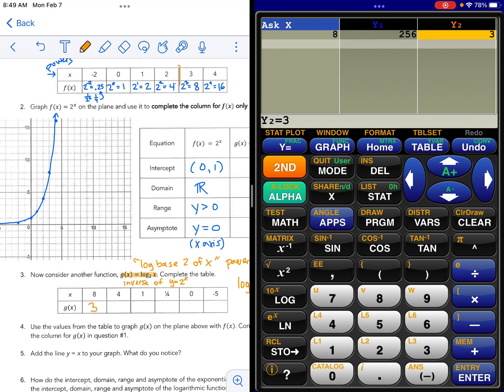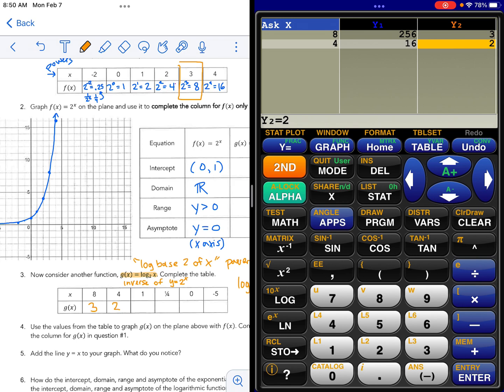So this is 3. And notice that they are swapped in the exponential table. 3 comma 8, this is 8 comma 3. What happens when I have an x value of 4? X value of 4 gets me a log of 2.